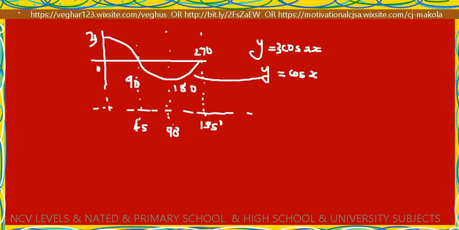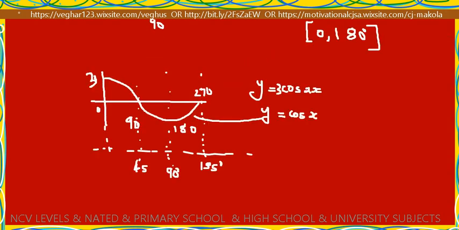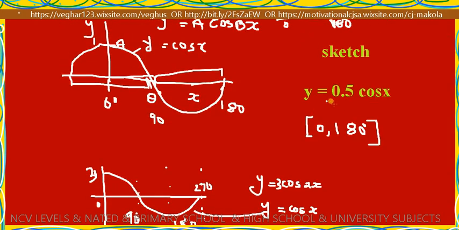So let's draw this one and see. This one is cos 0,5. So this is a normal graph of course, draw it like this. This is sine 1.